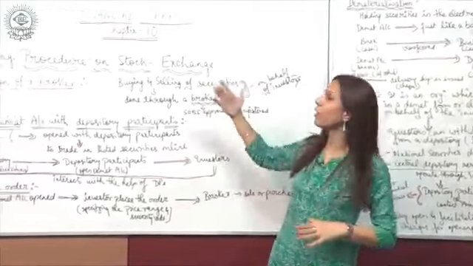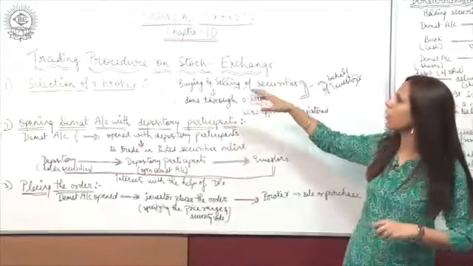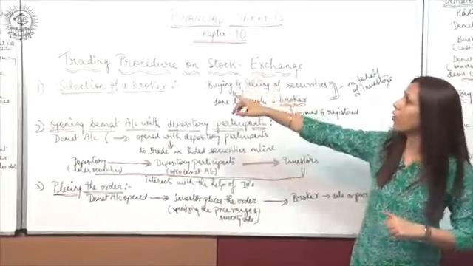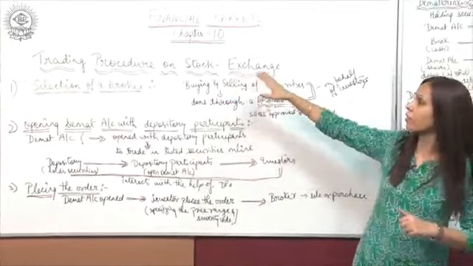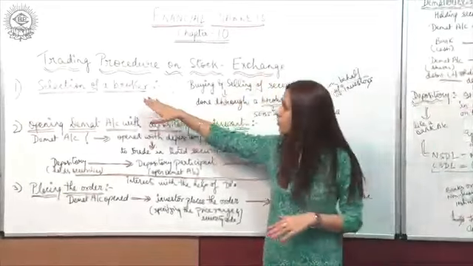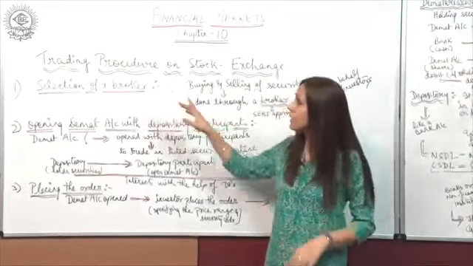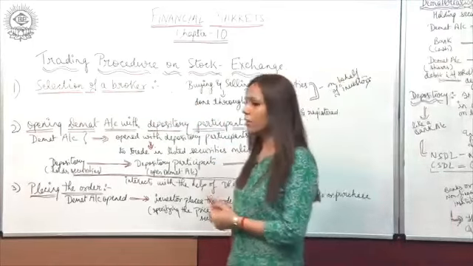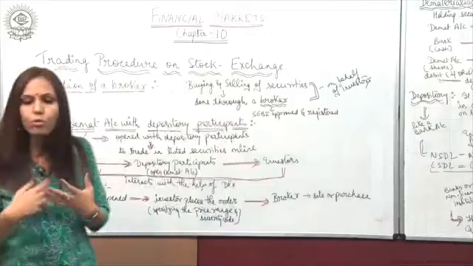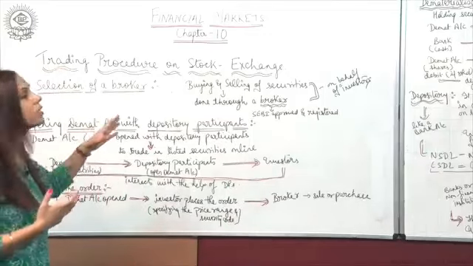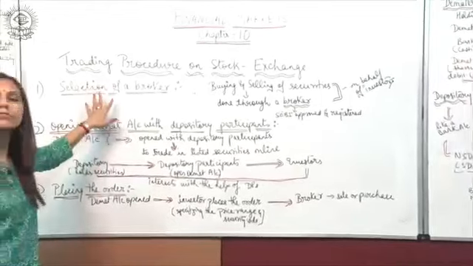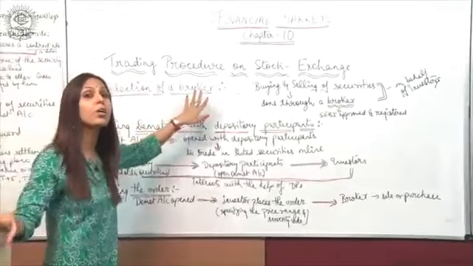They are important for understanding the steps involved in trading on the stock exchange. The first step is the selection of a broker. Before doing any trading on a stock exchange, an investor has to select a broker.